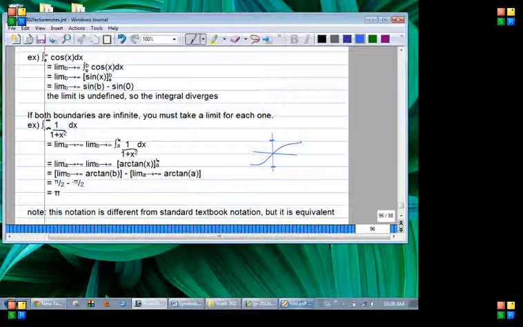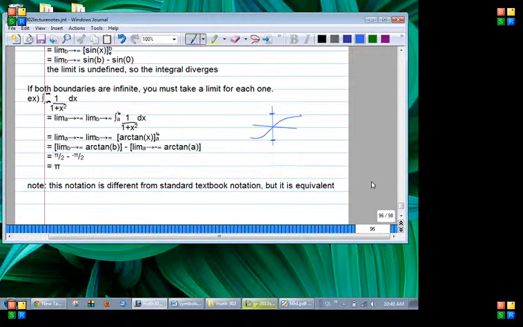And it also highlights the point that the important thing is to take a limit at each boundary, which is all you have to do. So that covers what do you do with an integral that has infinity for an x value.